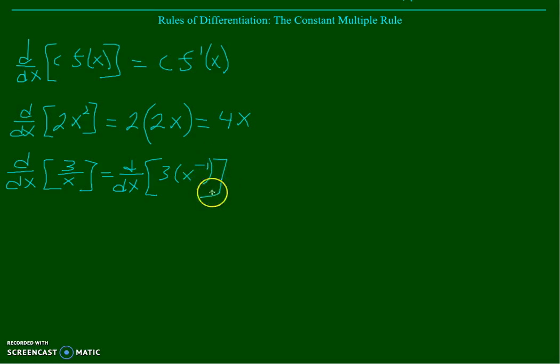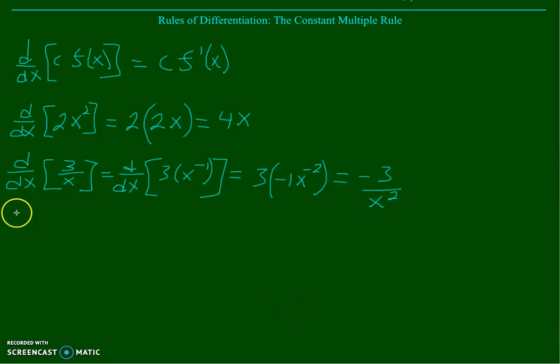And when we take that derivative, we will have 3 times, pull down the exponent, negative 1, times x, subtract 1 from the exponent, and then simplify. So this gives us negative 3 over x squared.